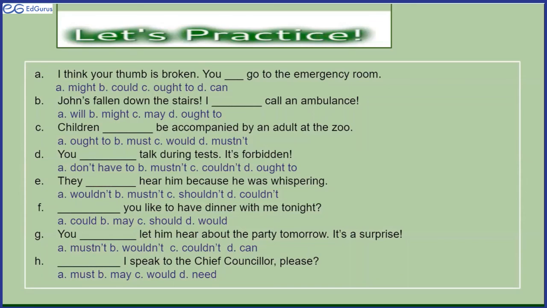So it is necessity. Children must be accompanied by an adult at the zoo. Right? Okay. You dash talk during tests. It is forbidden. Must not. You must not talk during tests.